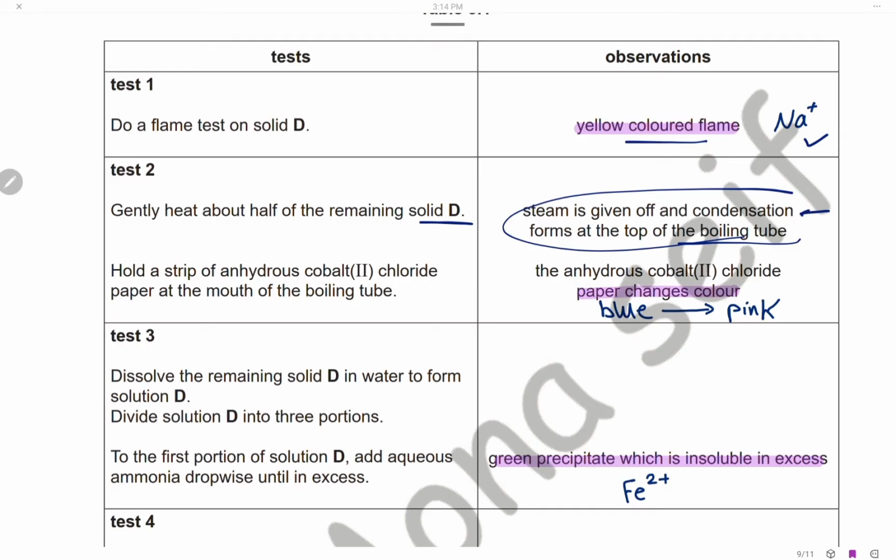Hydrated solid contains water, so we can test for this water using the anhydrous cobalt chloride, and the color of the anhydrous cobalt chloride changes. Of course, the anhydrous cobalt chloride is blue, and when it touches water, it forms a pink color, so the color will change from blue to pink.